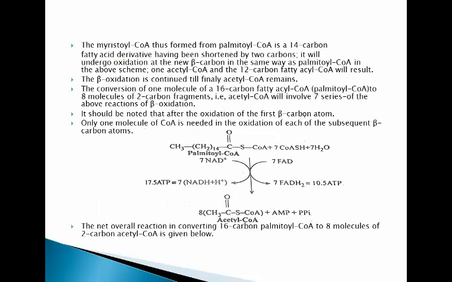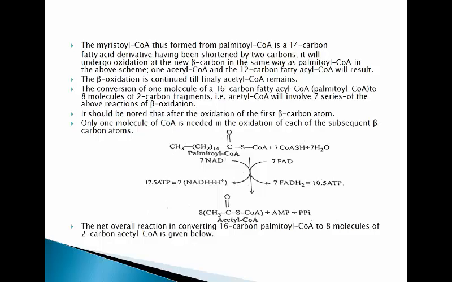The myristoyl-CoA, which is formed from palmitoyl-CoA, a 14 carbon containing fatty acid derivative, will be further broken down to 12 carbon containing fatty acyl-CoA with release of a 2 carbon containing fragment, that is acetyl-CoA.